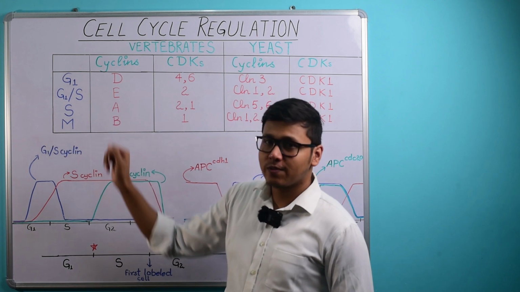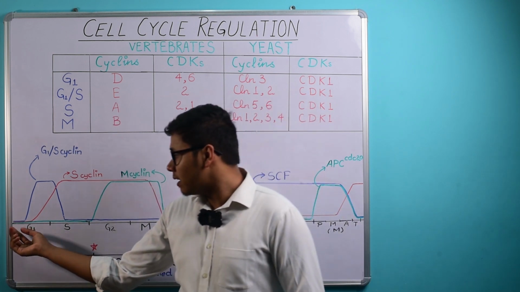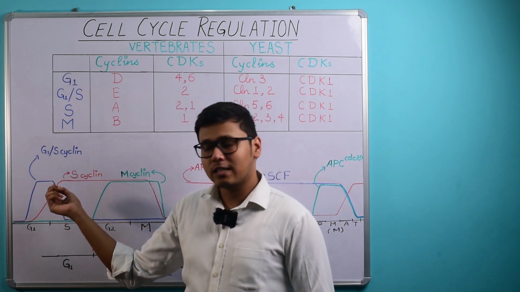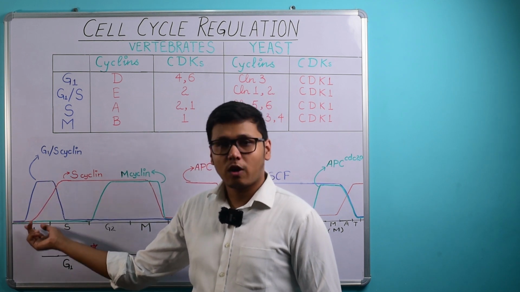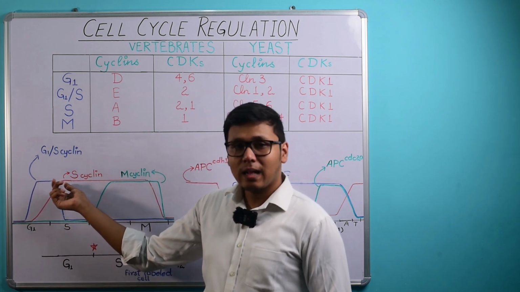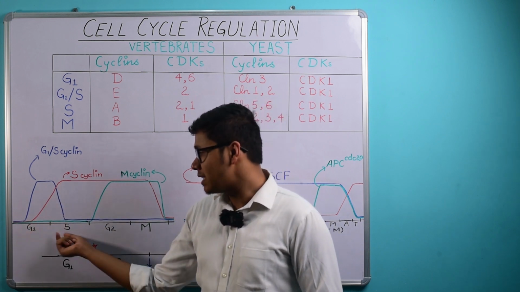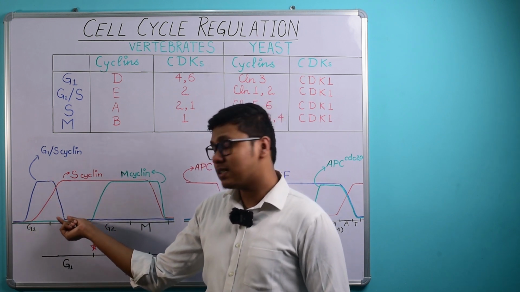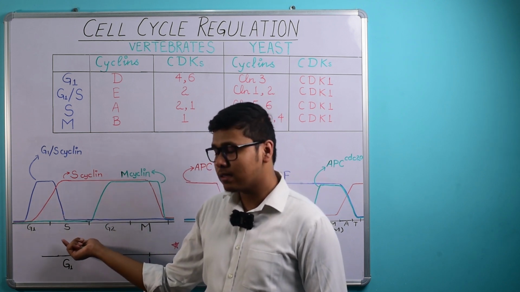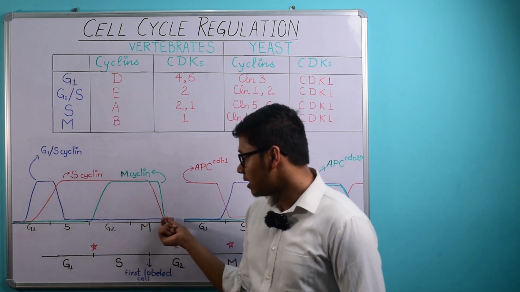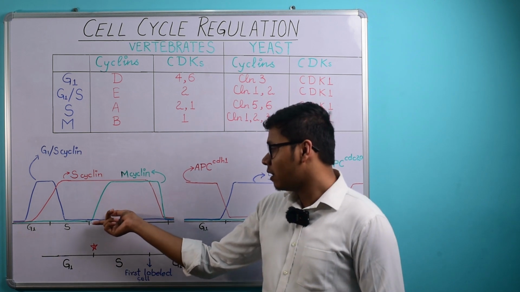Talking about the G1/S cyclin, its level starts increasing from the basal level in the last stage of G1 phase, and it helps in the transition of G1 to S. In the beginning of S phase, its level goes down again and is kept low throughout the cell cycle.